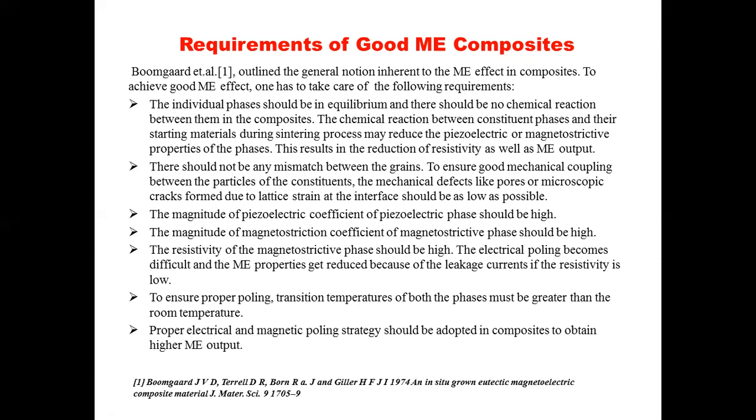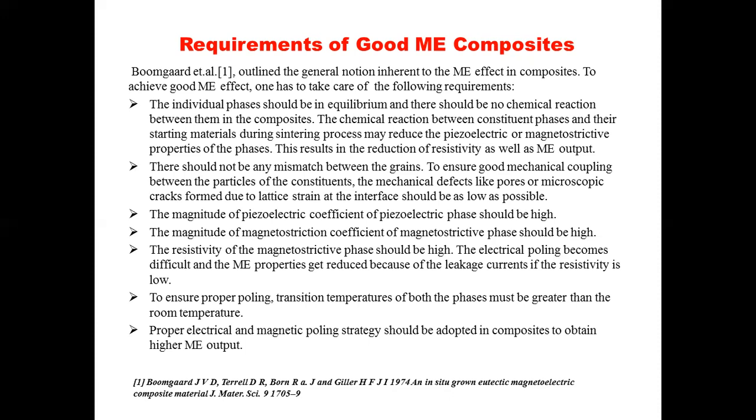And the magnitude of the magnetostriction coefficient of the magnetostrictive phase should be high. So the other phase is the magnetostrictive phase, that means the ferrite phase. For the ferrite phase also, we have to choose a ferrite phase in such a way that more magnetostriction is produced at a lower application of the magnetic field.